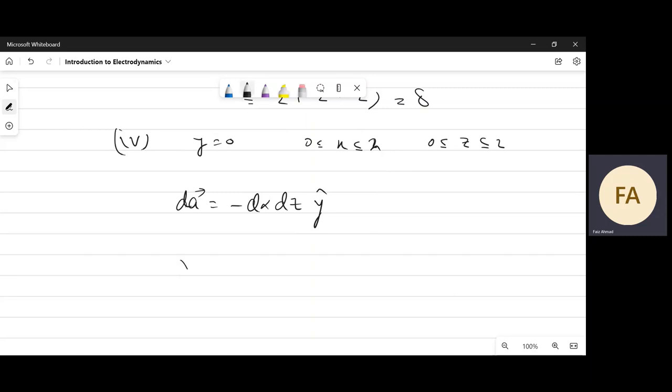So v dot dA will become minus (x plus 2) dx dz, and if we perform the integration, as we can see from the third, the integration will be the same except there will be a negative sign.